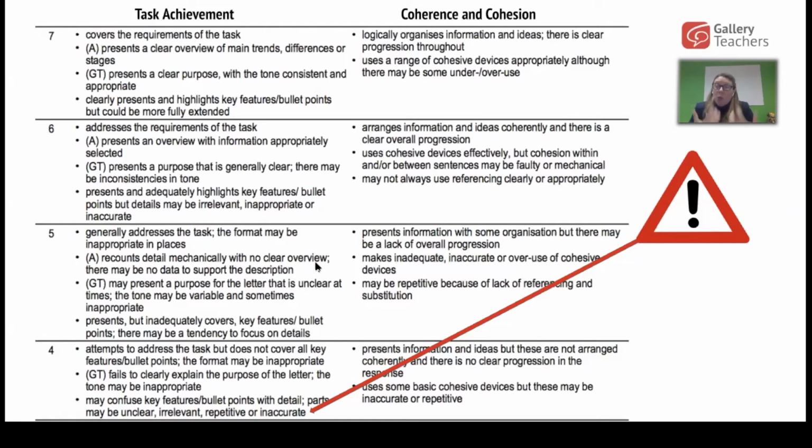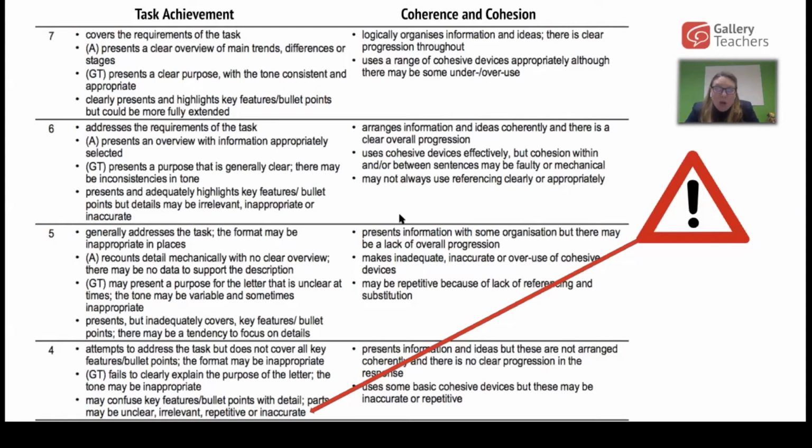Okay, so what do they need to do to get a 6? Well, they have to address the requirements of the task, and they have to present an overview with information appropriately selected, okay? Then they have to make sure that they present adequately the key features or bullet points, okay?